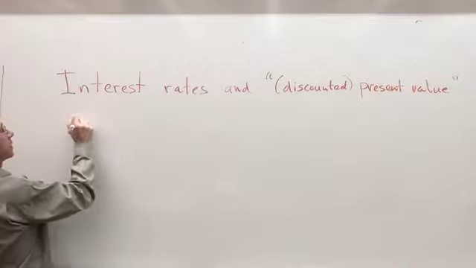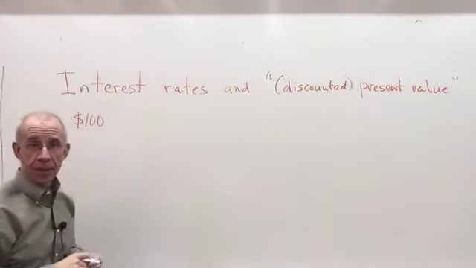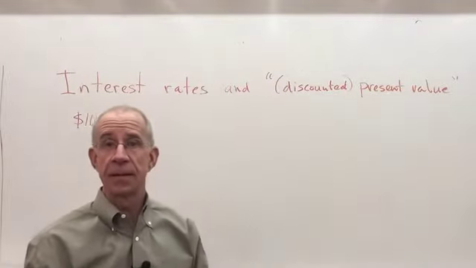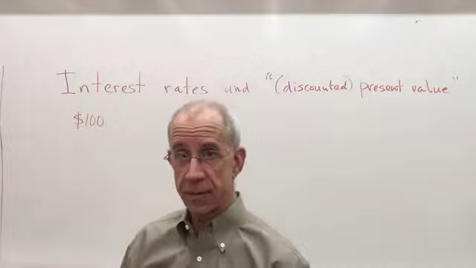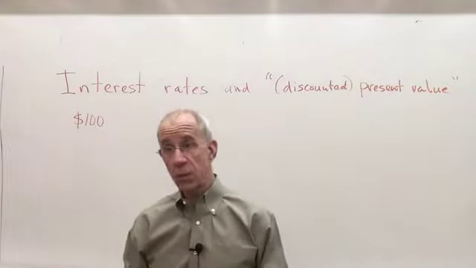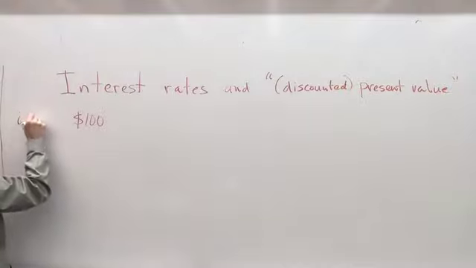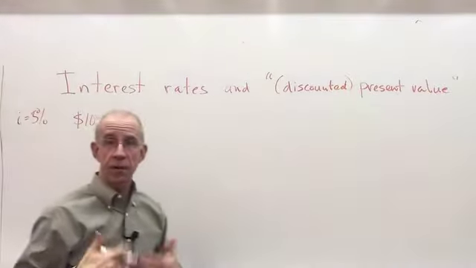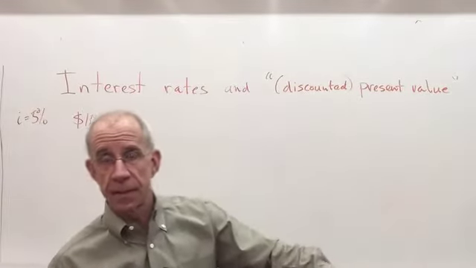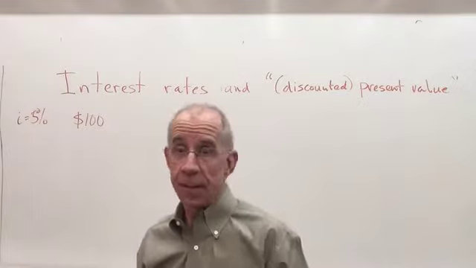So let's say, for example, that you had $100 today, and that $100 could be put into a savings account, and you could get an interest rate of, say, 5% per year. You save it, you don't spend it, it stays in the bank, and in a year you get 5% on top of that.